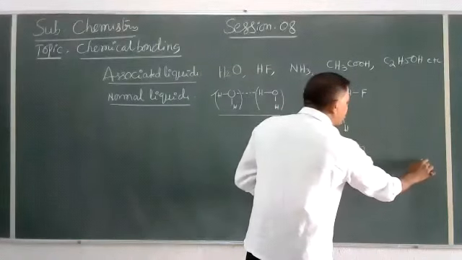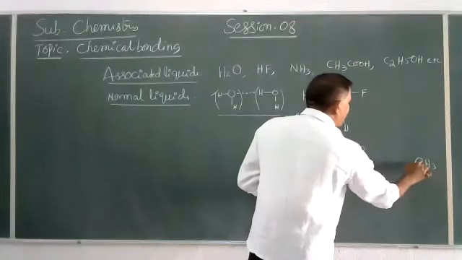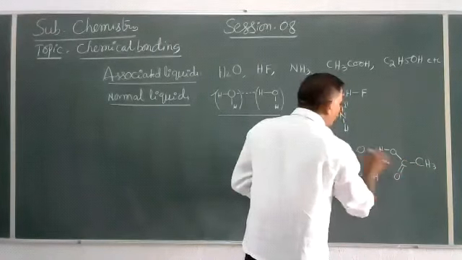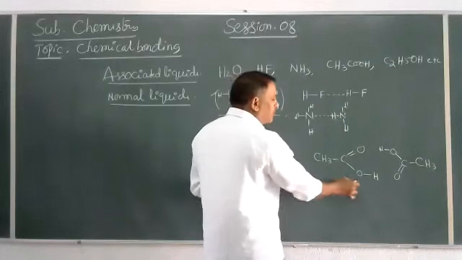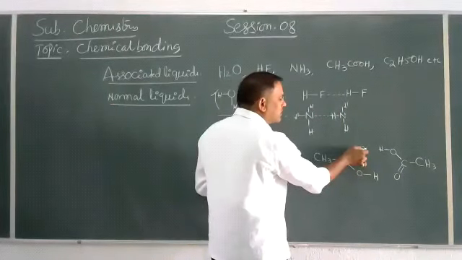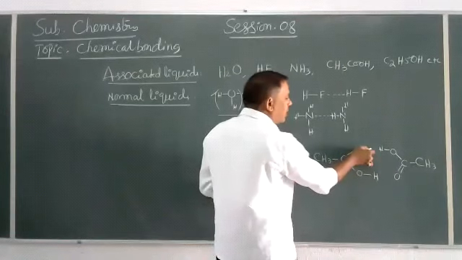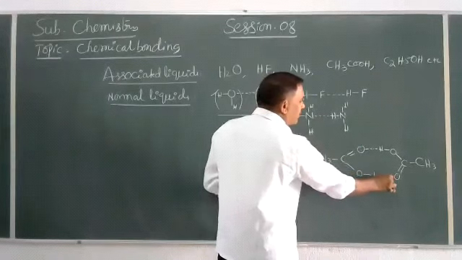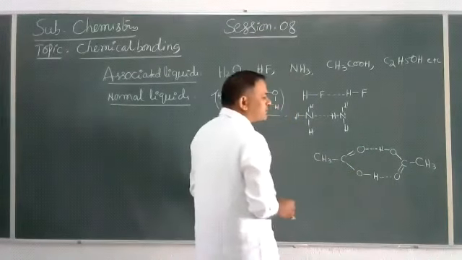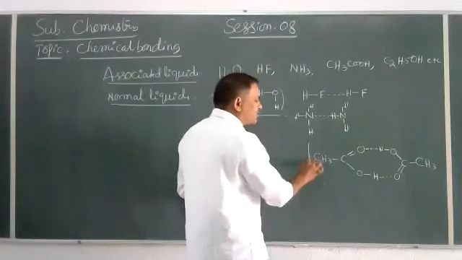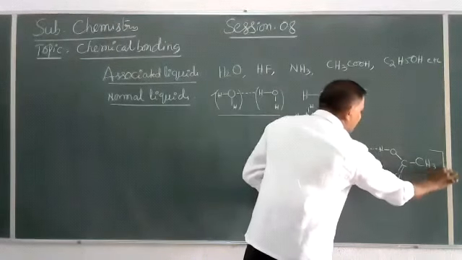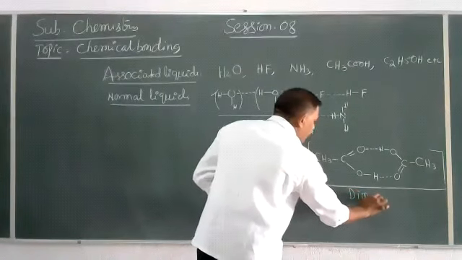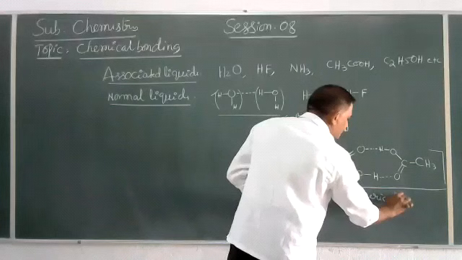And another molecule similarly: here the CH3, here the C bond OH and here the C double bond O. Between these two molecules, between the oxygen of one carboxylic group and the hydrogen of another carboxylic group, there exists one bond. That bond is called a hydrogen bond. It is an intermolecular hydrogen bond. These two are associated. It is the dimeric structure of acetic acid.